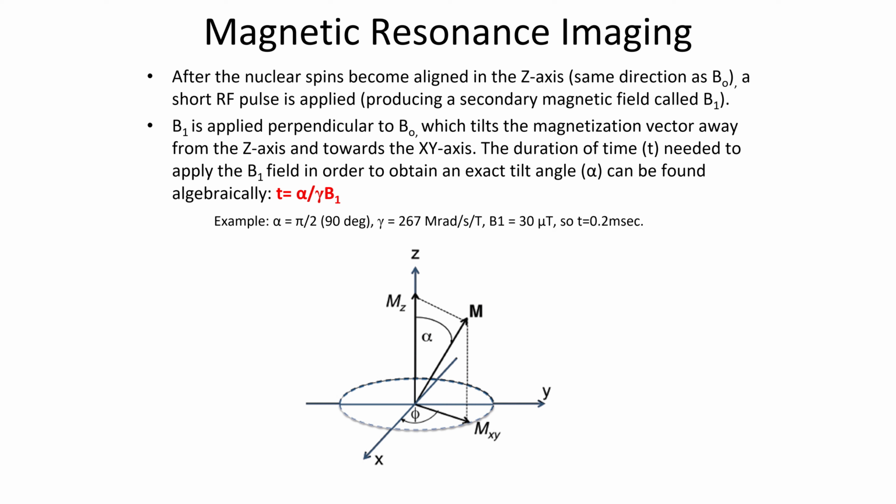So in this image, the direction Z represents the direction of the main magnetic field B naught. When you sum up all the different protons that are aligned at 55 degrees to this, they're all going to cancel out in terms of the XY direction. Some will be off to the right, some will be pointing off to the left. They're all precessing. But if you sum up the direction of all of them, they have no right or left component.